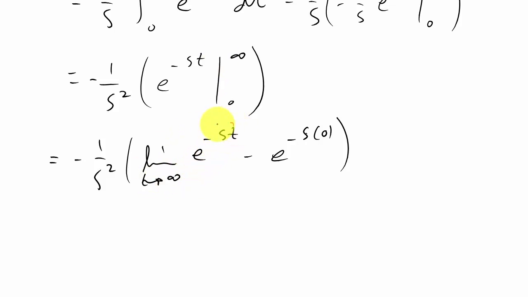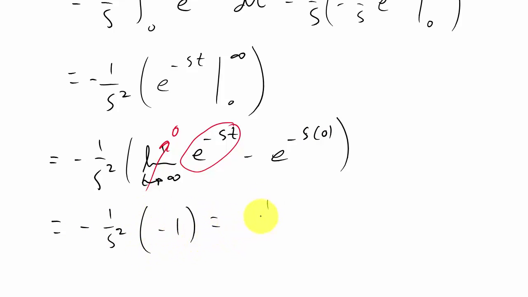I can rewrite this as 1 over e to the st, and just like in the last one that I showed, as t goes to infinity, this whole fraction's going to 0. So this term's going to 0. And this term, well, that's e to the 0, which is 1. So I have negative 1 over s squared times negative 1, which gives me 1 over s squared. And this would be my solution.